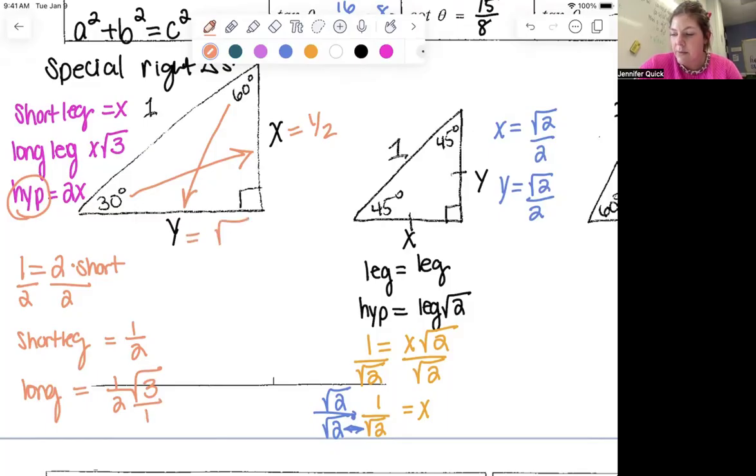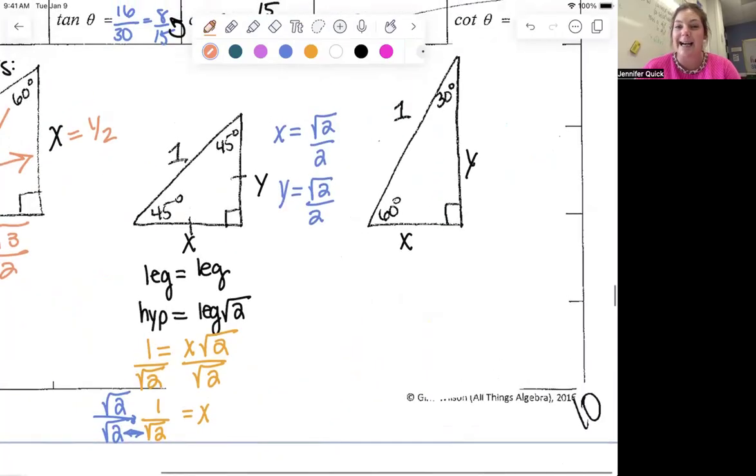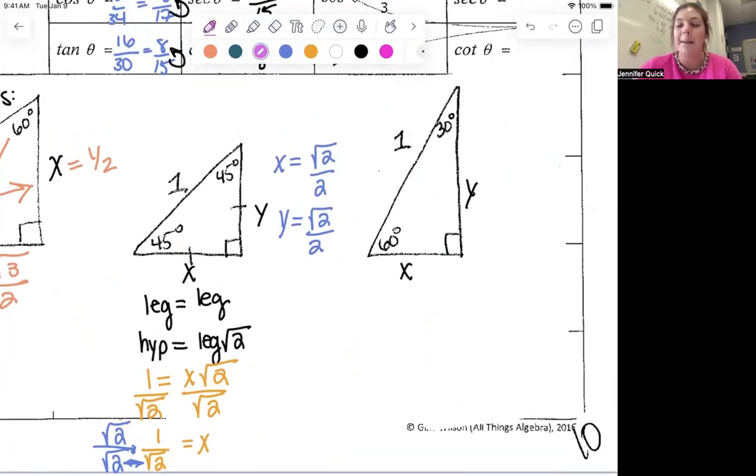So this would be the square root of 3 over 2. Now, my last triangle is exactly the same triangle, but my angles have changed. So now my long leg is right here, and then the short leg is the one on the bottom. So the short leg is equal to 1/2, and the long leg is the square root of 3 over 2.